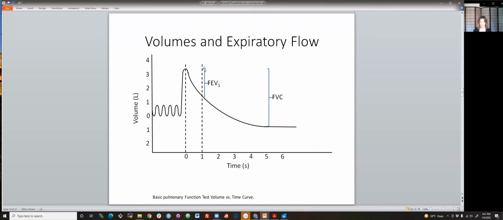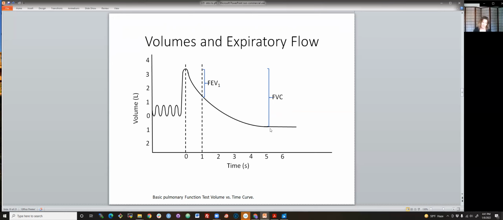Now, if we go over to the plateau part of the curve, we want to put a point there also, and again at the peak of inspiration, because all of this volume that was exhaled to that plateau point is what we consider the forced vital capacity.